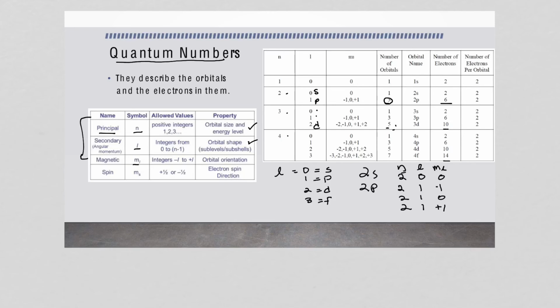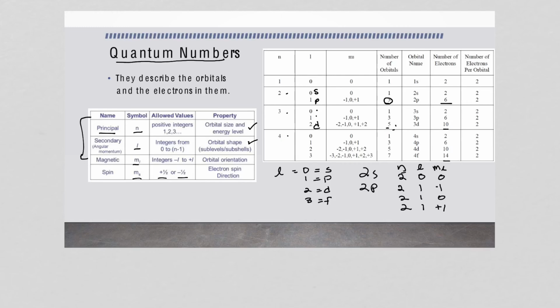Now the 4th quantum number, the so-called spin quantum number, which is abbreviated M sub s, is a property of the electron. Remember we said that there are 2 electrons in each orbital, and they have opposite spins. We mentioned that. And so there are 2 possible values for the spin quantum number, +1/2 and -1/2. Of the 2 electrons in an orbital, one will have a positive 1/2 spin, the other will have a -1/2 spin.